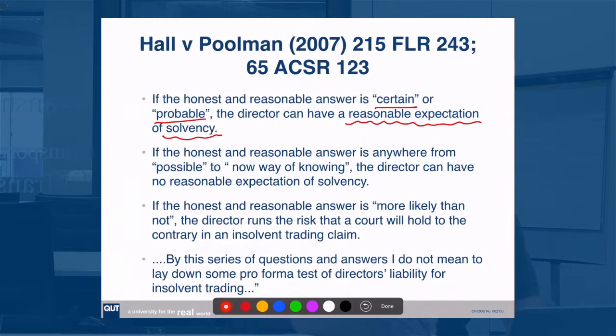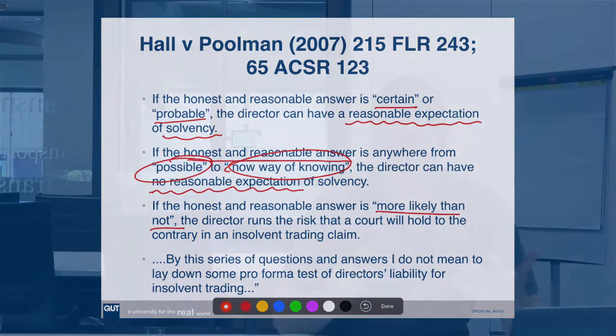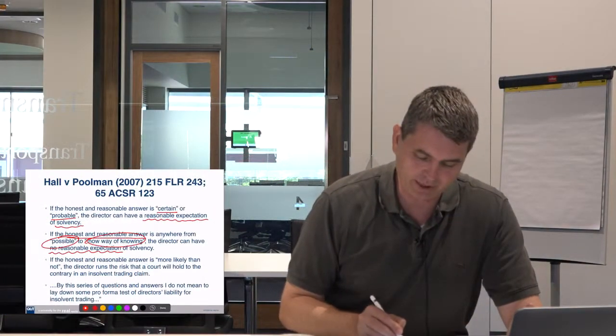However, if the honest and reasonable answer is anywhere from possible to no way of knowing, the director can have no reasonable expectation of solvency. So notice that. Once we're over the kind of 50-50, you cannot reasonably think that you're solvent. If the honest and reasonable answer is more likely than not, okay, so say just over 50%, the director runs the risk that a court will hold to the contrary.